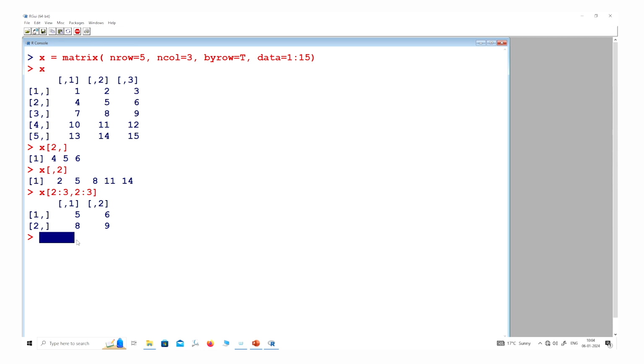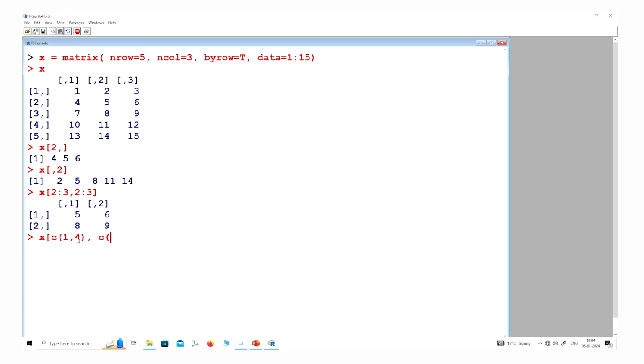Well, it is not necessary that you have only continuous rows and columns. Suppose I want to choose the first and fourth rows. So I can say C 1 comma 4, and I want to choose the first and third columns.